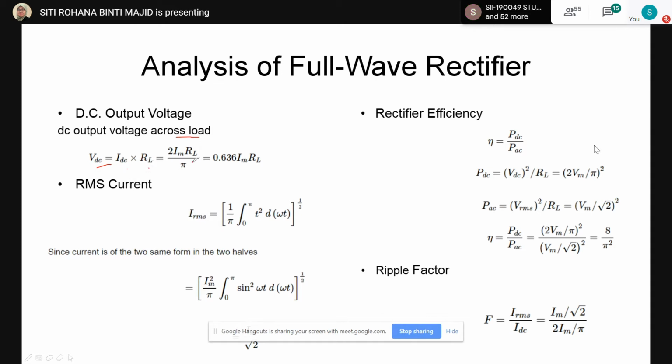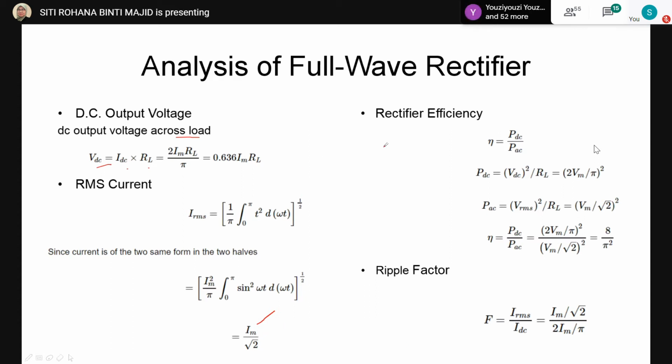We know IDC, so we insert the formula into this equation, and then we can calculate VDC equals 2Im RL over pi. And for the RMS current, the formula is Im over square root of 2.